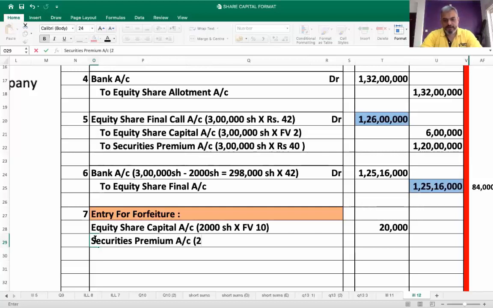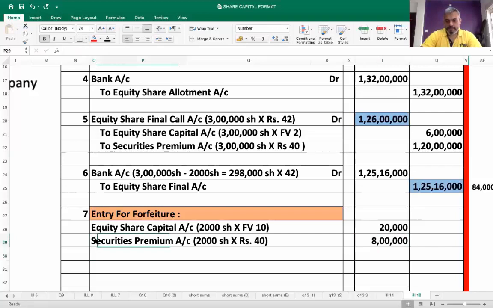Now for how many shares? 2000 shares into how much amount? Only rupees 40 premium what we did not receive. So 2000 into 40, 80,000.